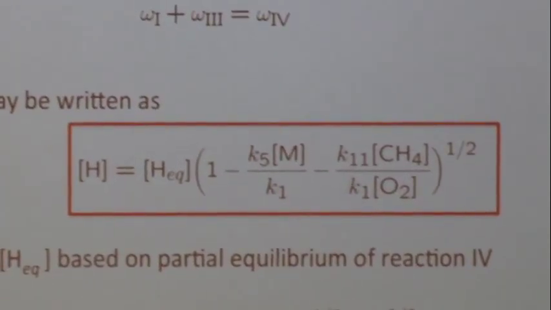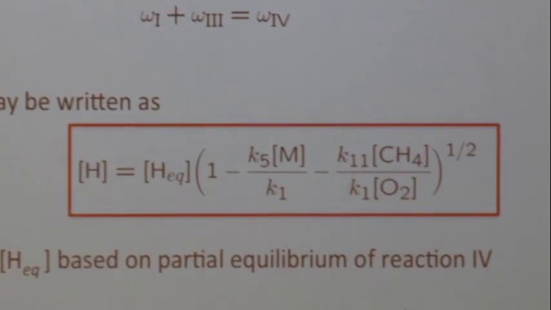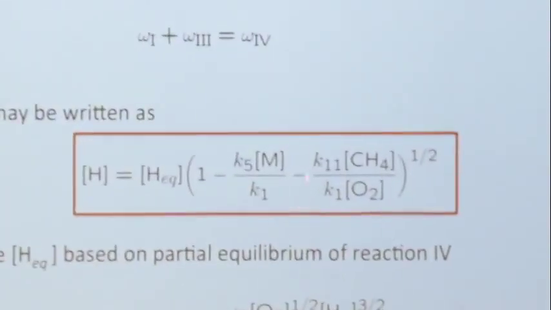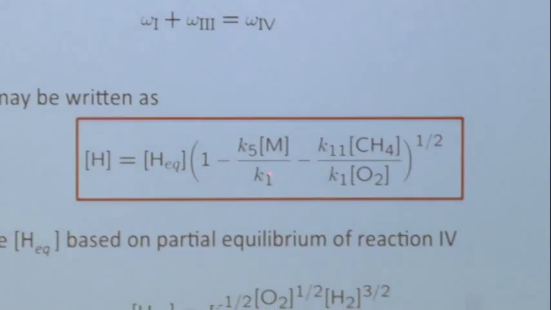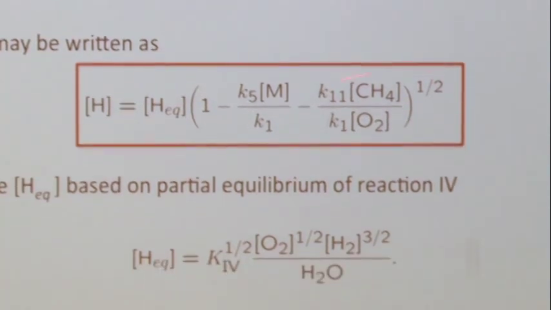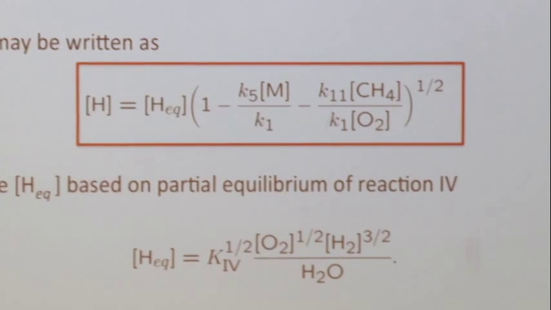Now this first one here, we know what it is. This is the ratio of K1 and K5. This is exactly the crossover temperature thing we discussed before. You already know: for temperature larger than the crossover temperature, this will be smaller than 1; for temperature smaller than the crossover temperature, this will be larger than 1. Interesting is, though, you have the square root here, so larger than 1 shouldn't happen, really.